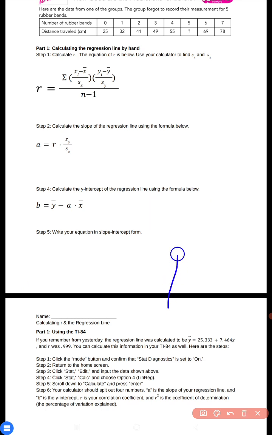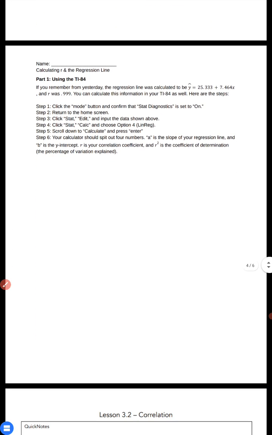Okay? So let's talk about how you could have done this a little bit quicker using the calculator. Again, you will be asked to do both on your homework, so you need to know how to do it by hand, but also how to do it in the calculator.